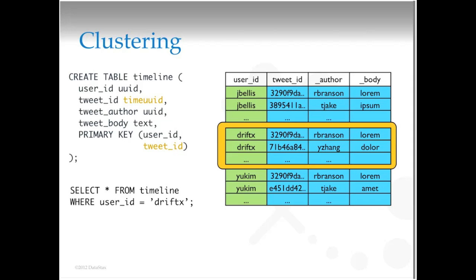CQL is a query language that's kind of transport agnostic, so you can perform CQL queries over thrift. There's an execute CQL3 query method in thrift that most of the existing clients use to access CQL.